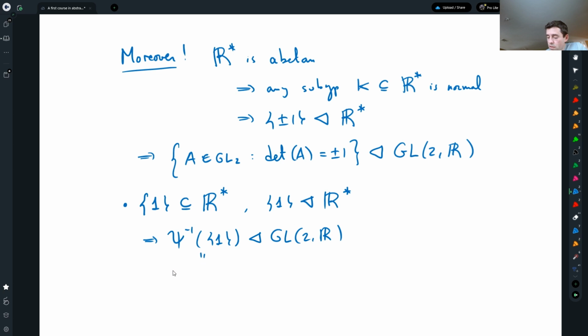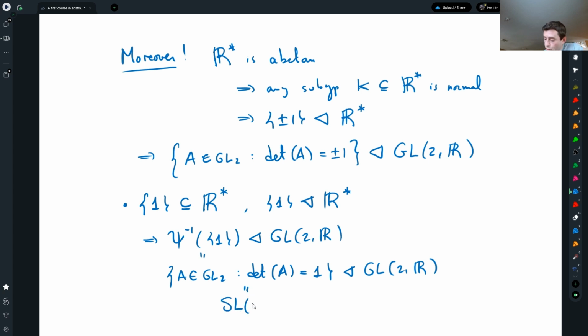What is this? These are the matrices in GL2 whose determinant is exactly 1. So that is normal in GL2, and that does have a name. The matrices with determinant 1 are called SL2 of R. That proves that SL2 is always normal in GL2.